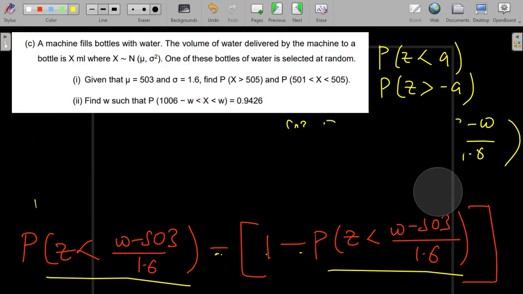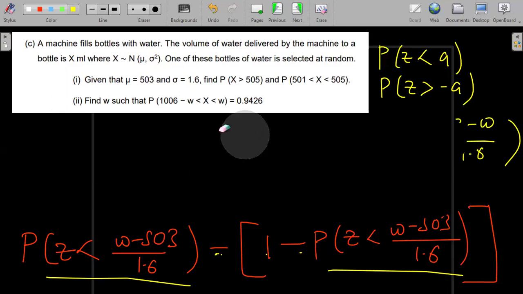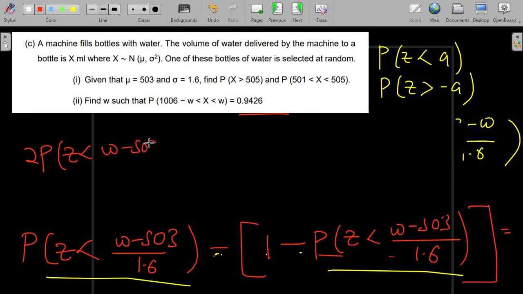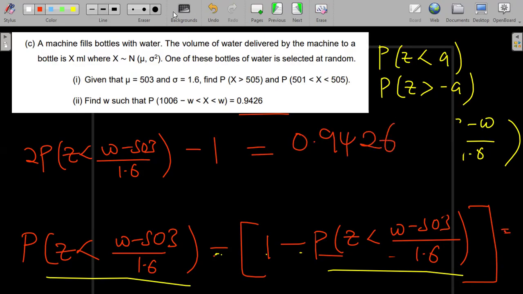Remember that this probability is equal to this; I ignored it, but here we're supposed to write is equal to, and then we put this. When I distribute this negative, it will be 2 times the probability of Z less than W minus 503 over 1.6, minus 1, is equal to this probability here. I just forgot to write it here.